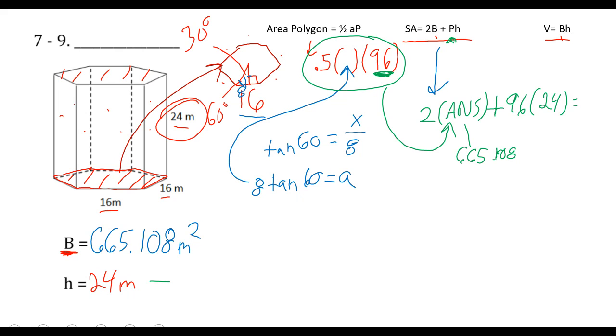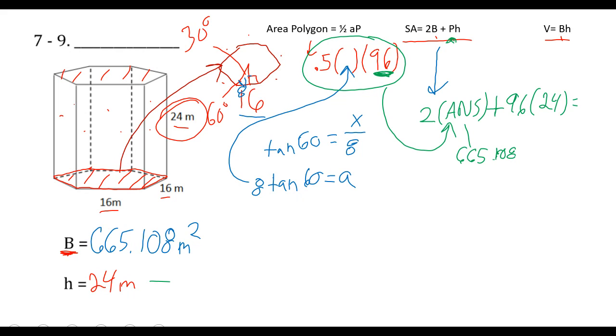2 times the answer. Usually you press the second button, and then the answer button is the negative sign on the very bottom, right next to enter. Great. Put parentheses around that. Plus, I'm going to double parentheses this just to make sure. Parentheses can be your friend.